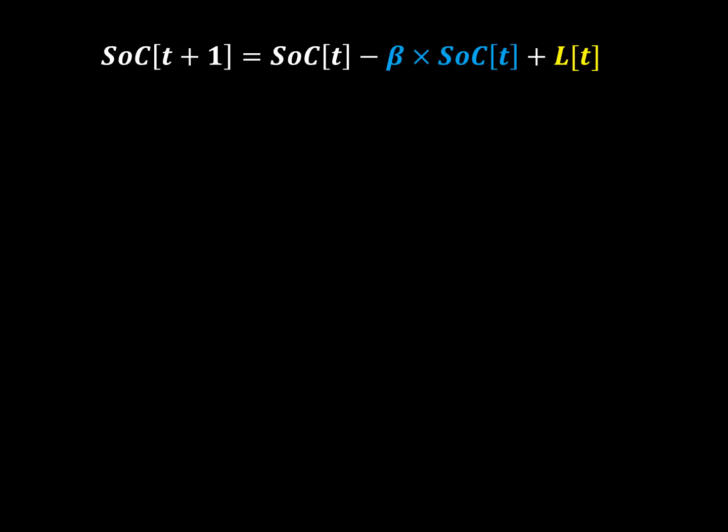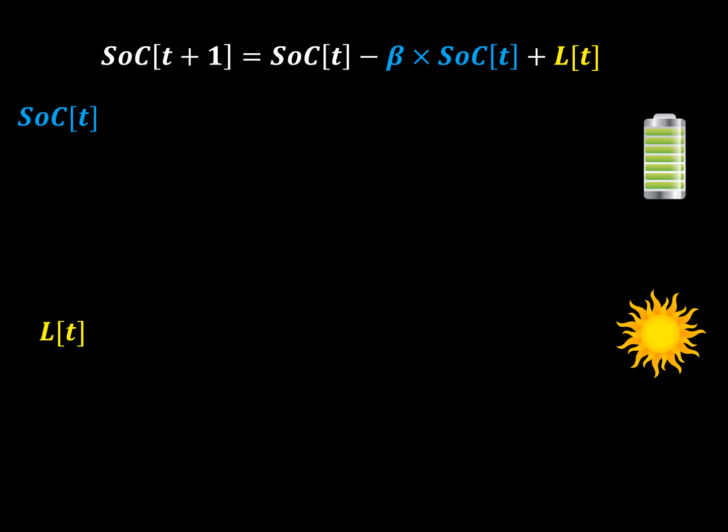Now the state of charge is affected both by the natural discharge due to the recording of measurements and the luminosity of the solar energy. Now let us see how both of these terms, which are given in blue and yellow respectively, affect the behavior of the state of charge over time.